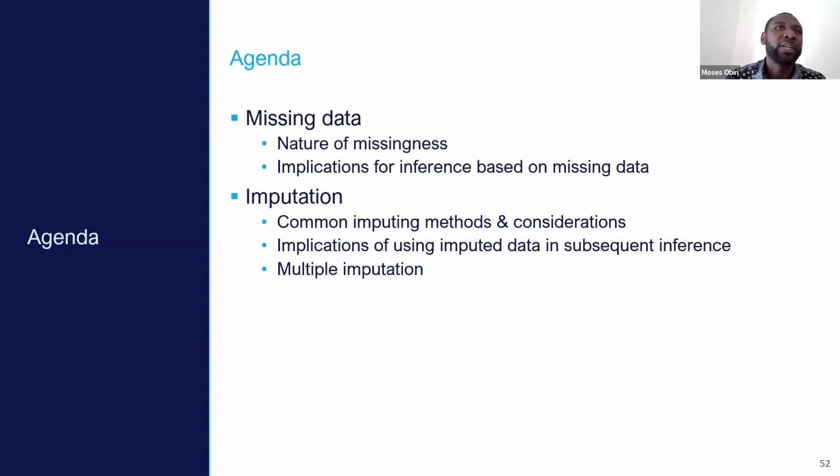So we'll look at some imputation methods and some considerations that you need to make when choosing which imputation method to use, and then look at implications of using imputed data for inference, and also tackle the issue of single imputation versus multiple imputation. Single imputation is when the inference is based on one imputed data set, and multiple imputation is when your inference is based on multiple imputed data sets.